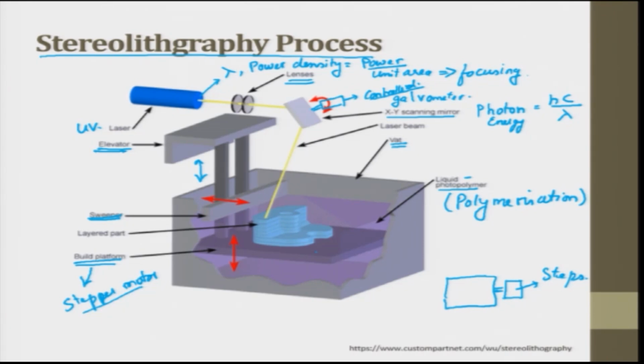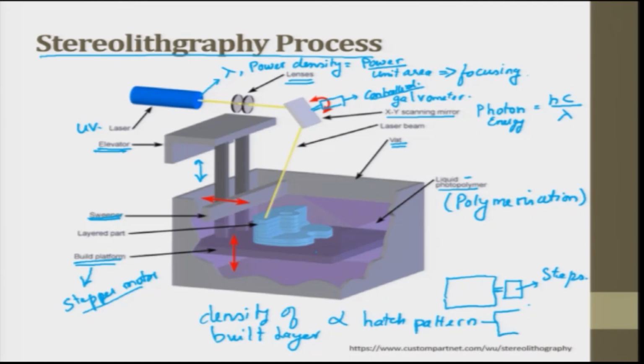Okay. So here 2-3 things you have to note. The density of the build layer is directly proportional to the hatch pattern. You can establish two different types, you can establish a close hatch pattern or an open hatch pattern.